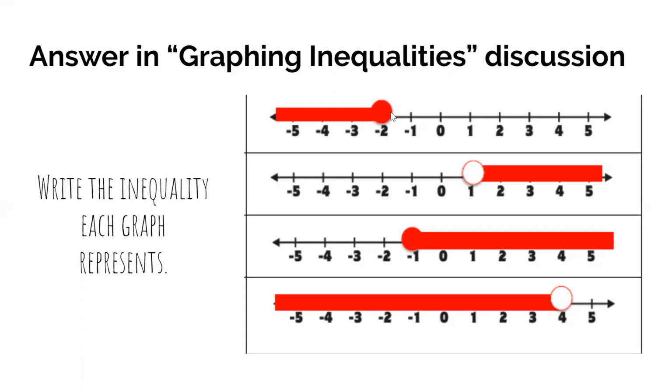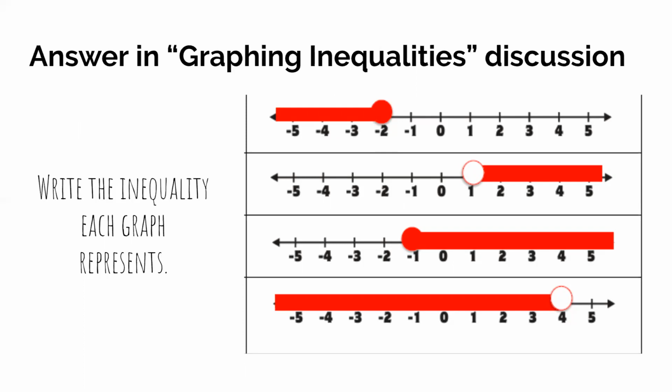That means that the answer, the variable, I'll just use x, has to be less than -2. But because it's a filled dot, it's less than or equal to. -2 is a solution. So this would be x is less than or equal to -2.